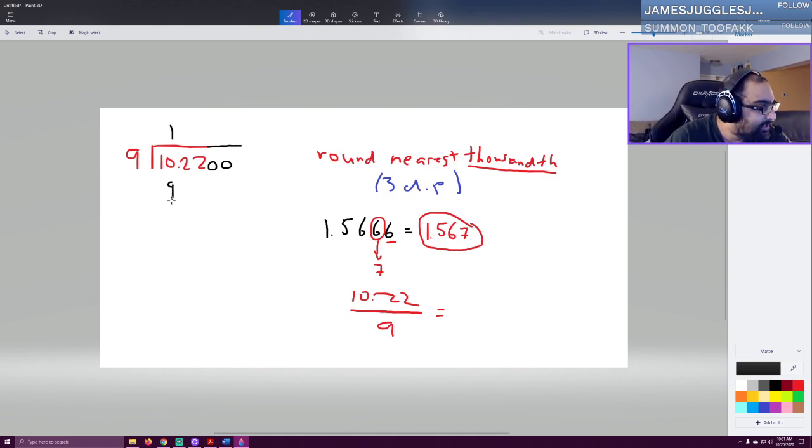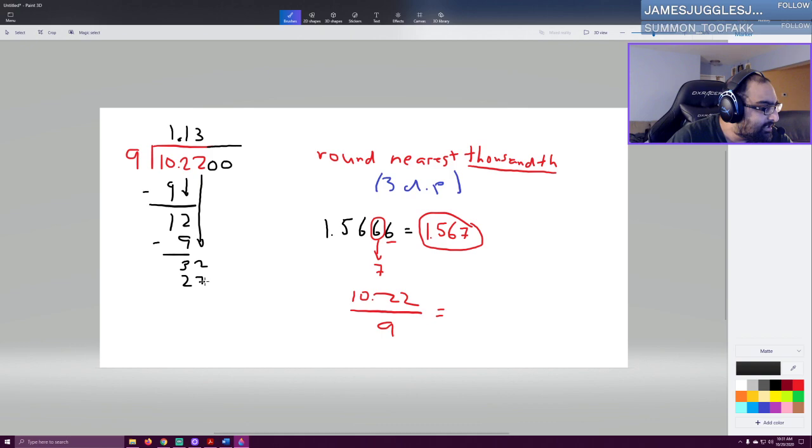So put a 9 here. And we'll line up these decimals too, so go ahead and place that there. We'll bring down the 2 here, so 9 goes into 12 one time. So that's 9, that'll be 3, be 32. So 9 goes into 32, that'll go in 3 times, so that's correct.